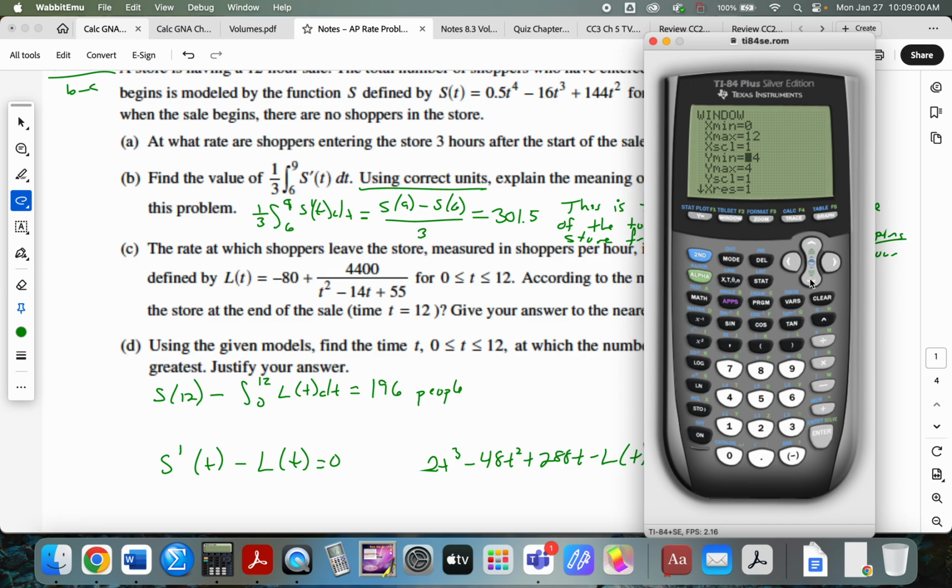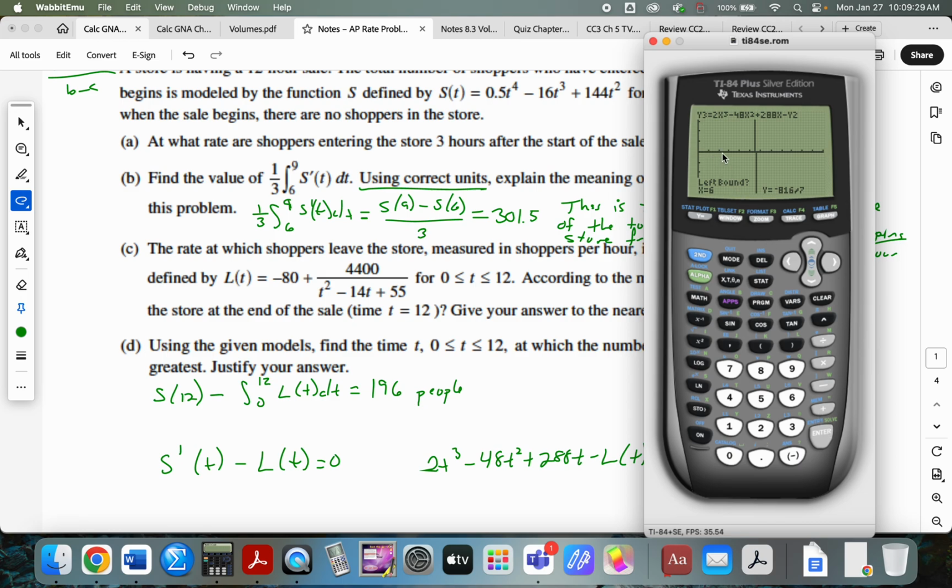My y min right now just happens to be set at -4 and 4. That should be fine. Worried there for a moment, don't you? You're like, it's never going to be 0. There's only one 0. Okay? And so we'll find that. Find the 0.